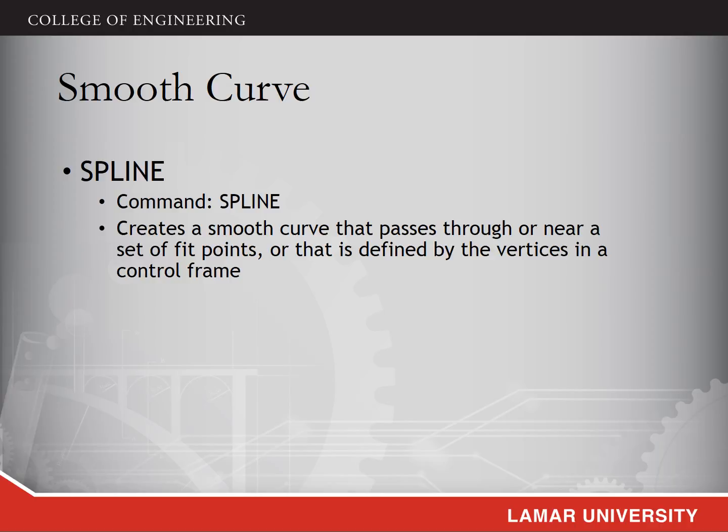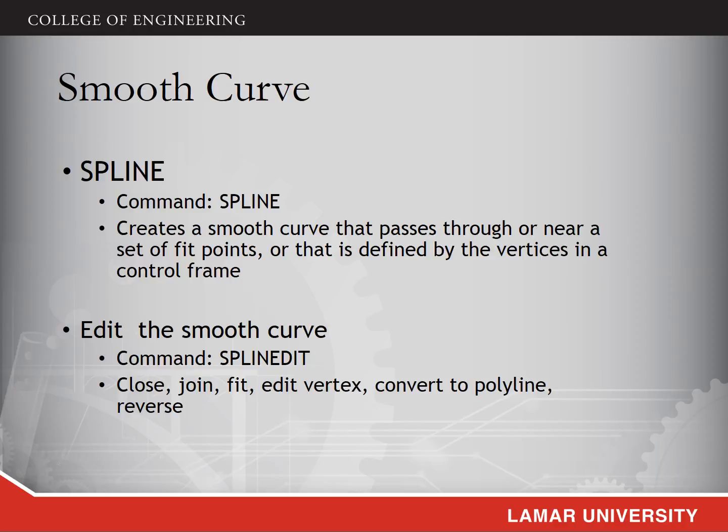With the smooth curve, we can also do some editing. You have to use the command spline edit to edit one smooth curve. Here we also have some options: close, join, fit, edit vertex, convert to polyline, reverse. And in the next slides, I'm going to show you how to generate and edit the smooth curve.